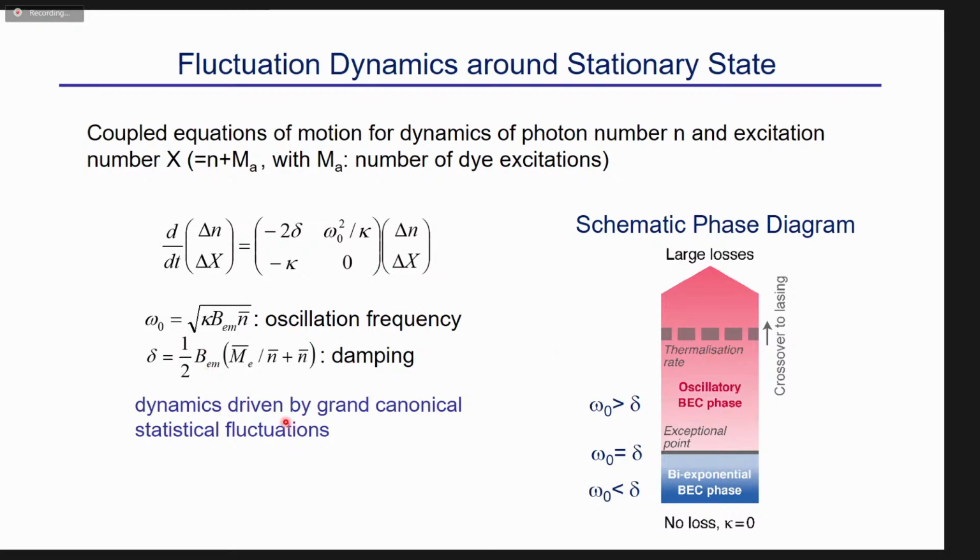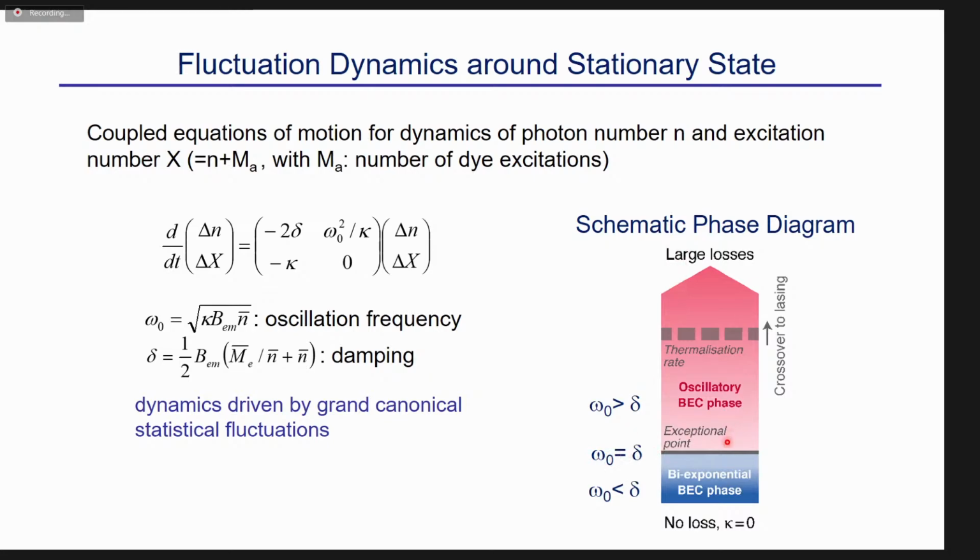And all this dynamics, such as the oscillation frequency, is actually an effect that's also known in laser physics from relaxation oscillations. But here, this is not just you switching on and switching off, but this is stationarily driven by these grand canonical statistical fluctuations. And the schematic phase diagram looks as follows. So here's an exceptional point.